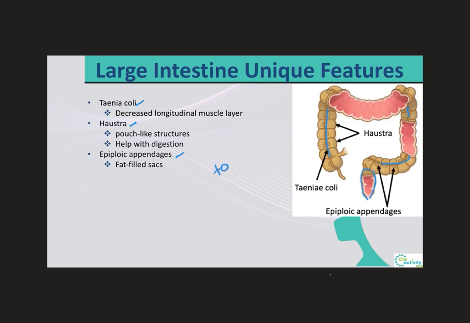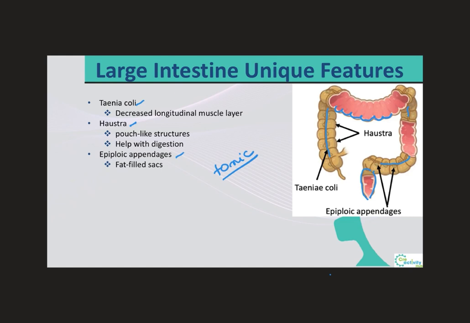Tonic contraction, which means these sustained contractions that will maintain a continual muscular tension of the taenia coli, will bunch up the colon into a succession of pouches that are called haustra. If you're talking about just one pouch, you refer to it as a haustrum.